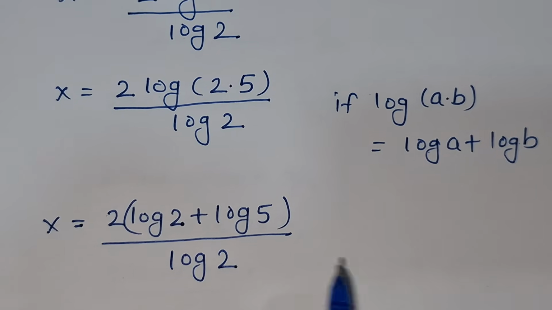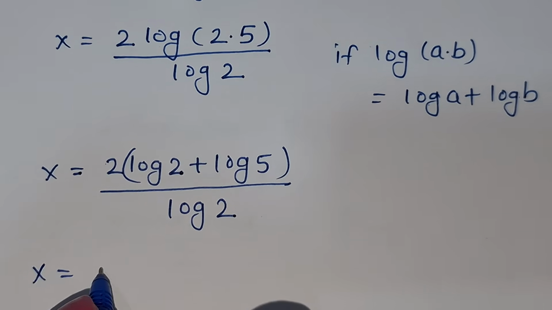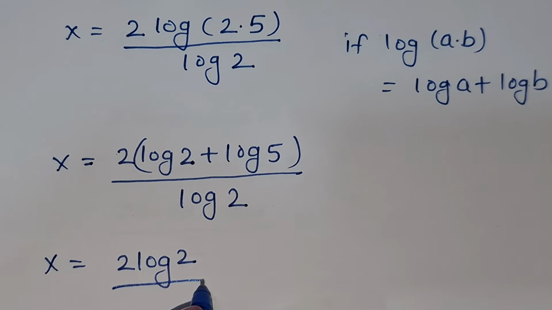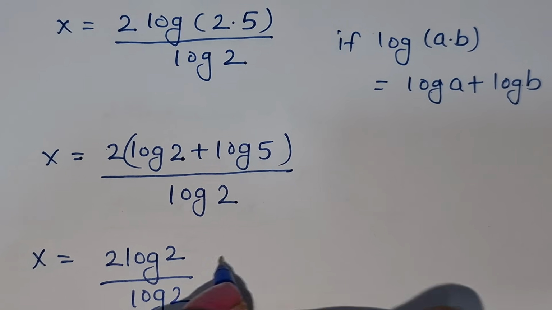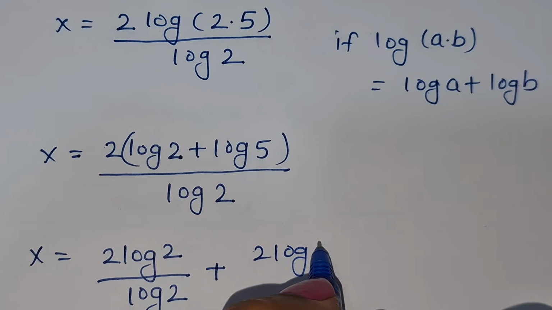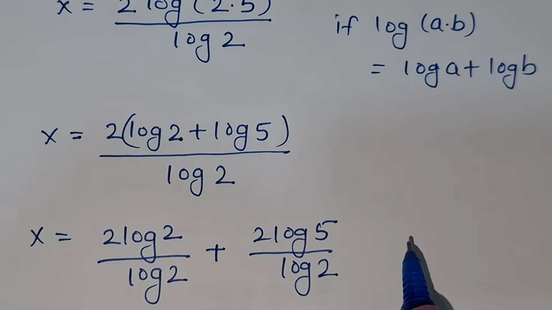Now we can separate this term, so it becomes 2 log 2 divided by log 2 plus 2 log 5 divided by log 2.